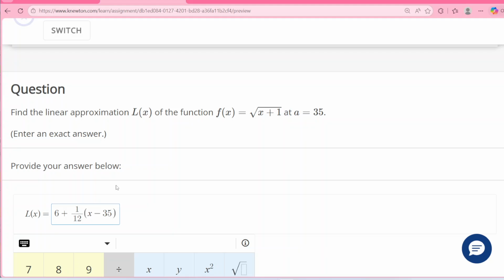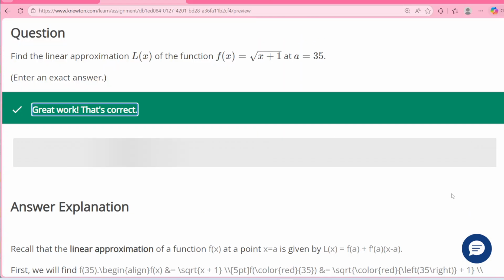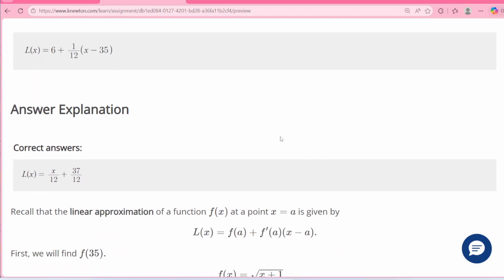And this linear function should approximate the original function pretty closely when you plug in values that are close to 35. Great.